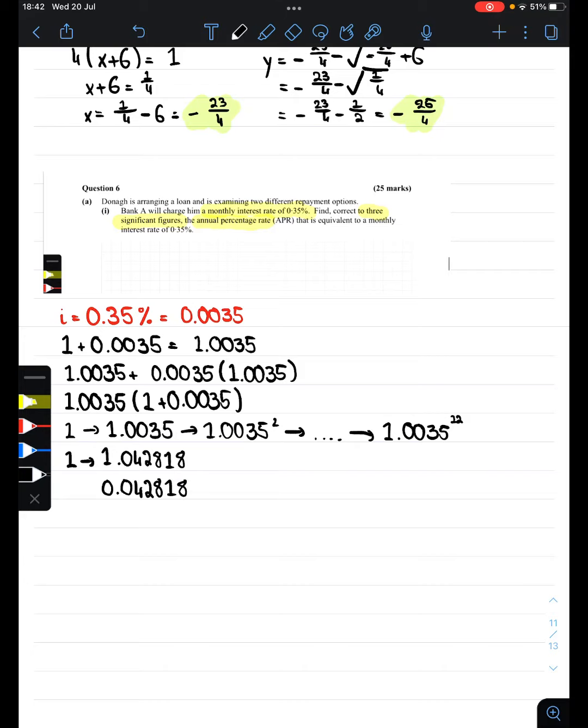So the 0.35% a month is equivalent to, if he had just paid over a year, 0.042818 immediately, which is 4.28% yearly. Now remember, it's three significant figures, which are 3 digits after the zeros, the non-zero figures. So that's our answer, 4.28%.